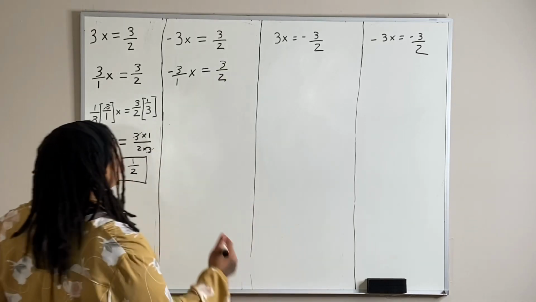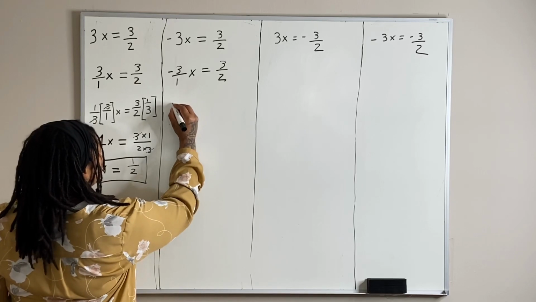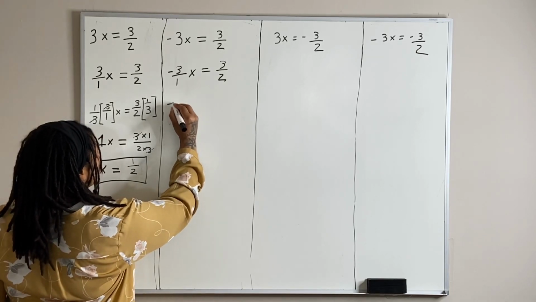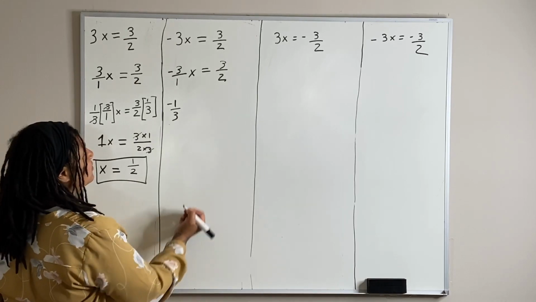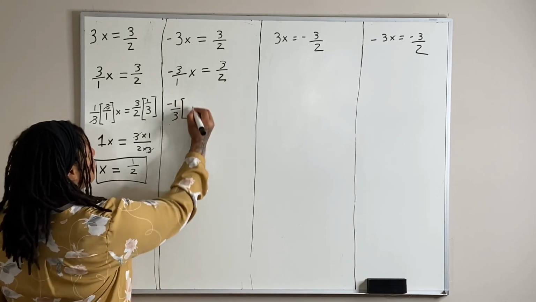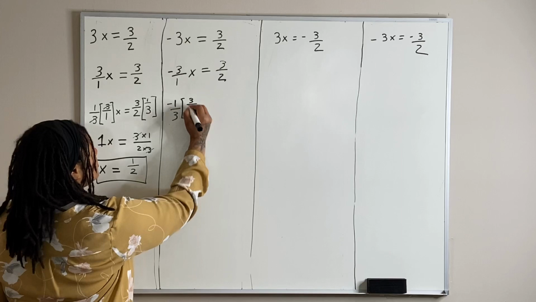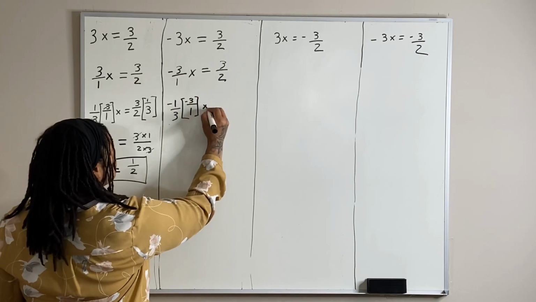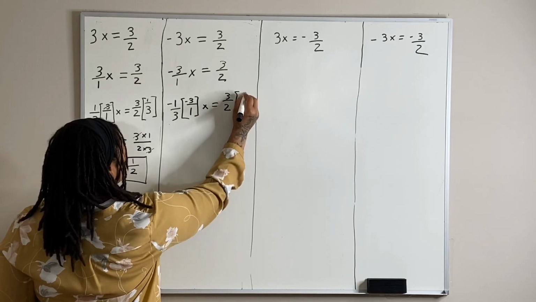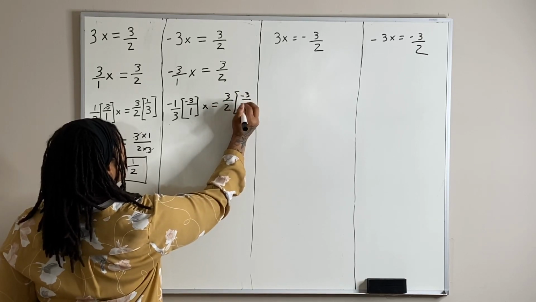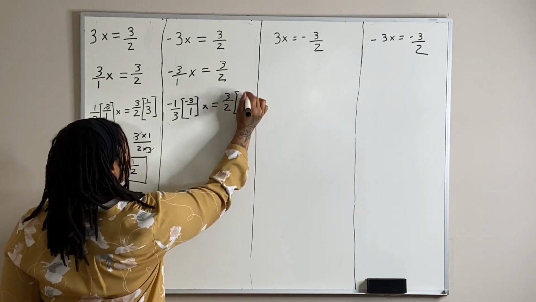Okay, so here I'm going to multiply by the reciprocal. The reciprocal of -3 over 1 is -1 over 3. So I'm just multiplying both sides by -1/3, okay?